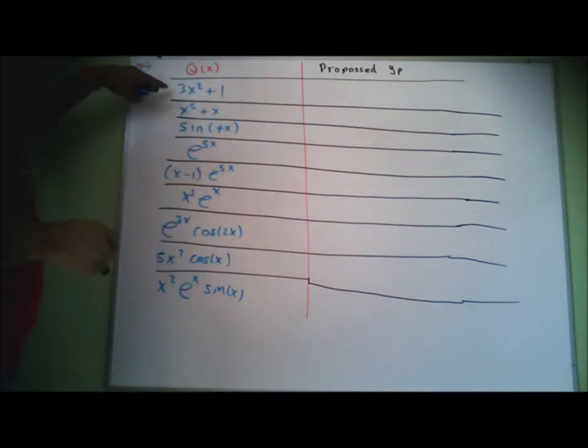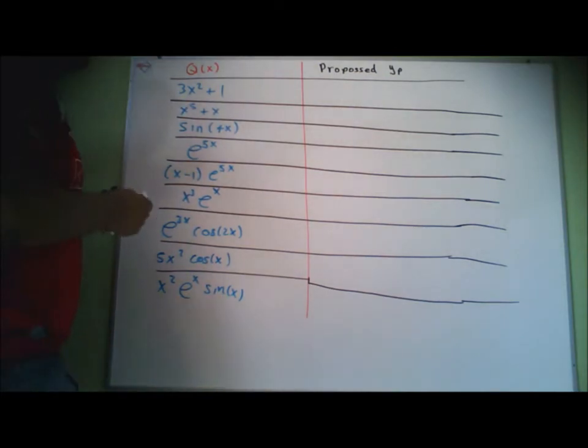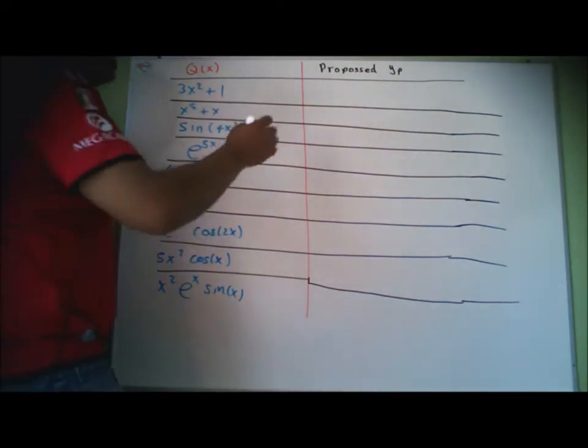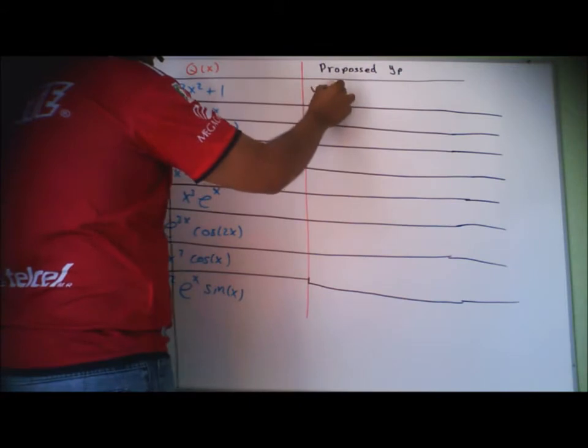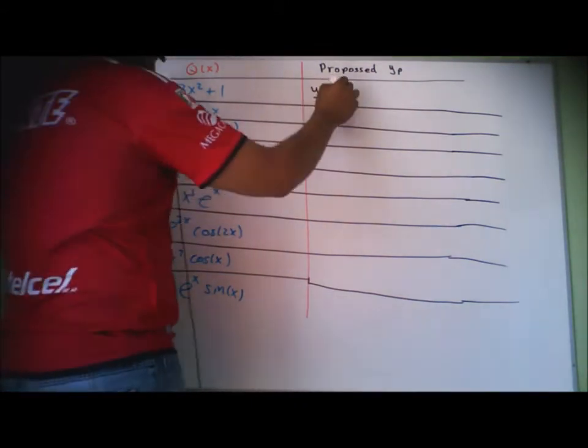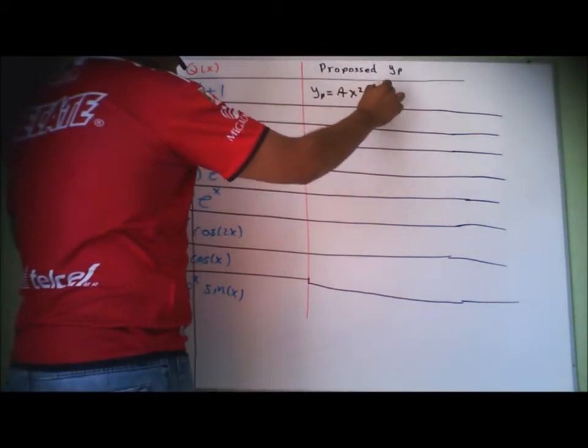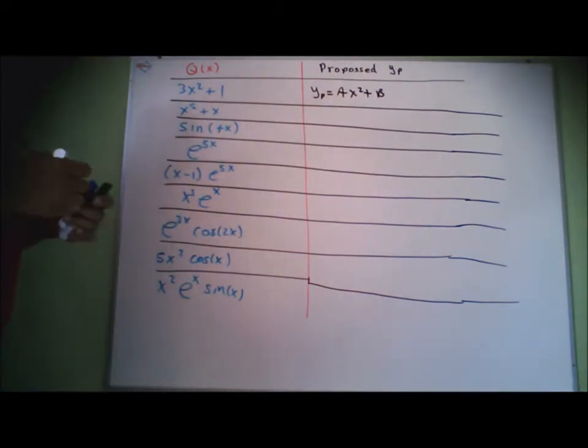This is a polynomial of second degree, so your particular solution must be a polynomial of second degree. Now, usually the students write Ax squared plus B, and that's it, because it's very similar. However, when you write the particular solution of the polynomial, you have to write the full polynomial.